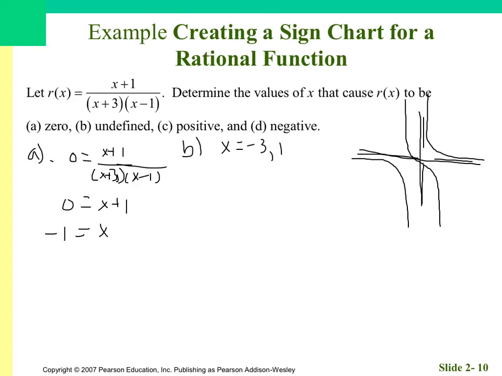So see the intervals in which it's positive. Well, let's see. Where's the vertical asymptote here? Isn't that x equals negative 3?